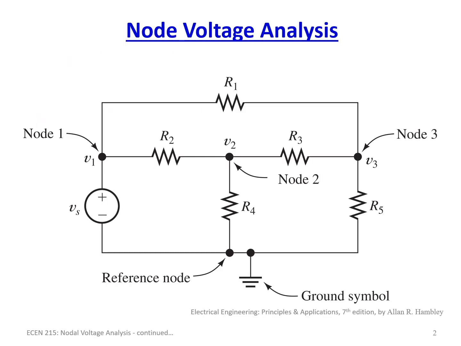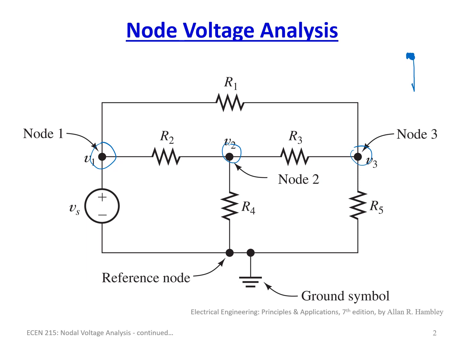So again, nodal circuit analysis, just as a review, is where we are taking a look at these individual nodes and we're using Kirchhoff's current law that states that all of the current entering this particular node, the sum of that current must equal zero.